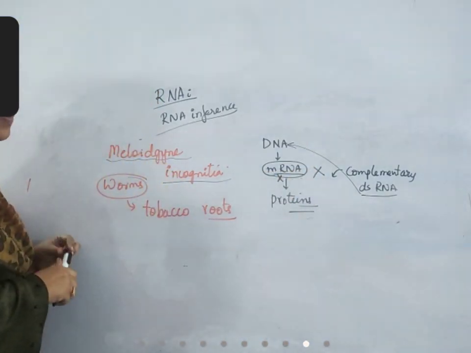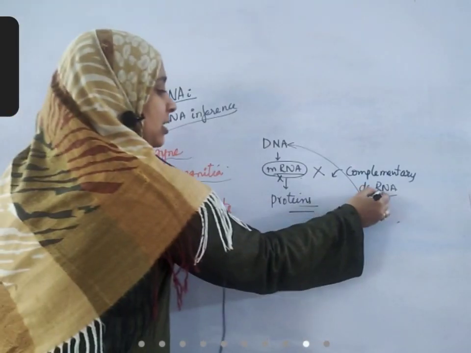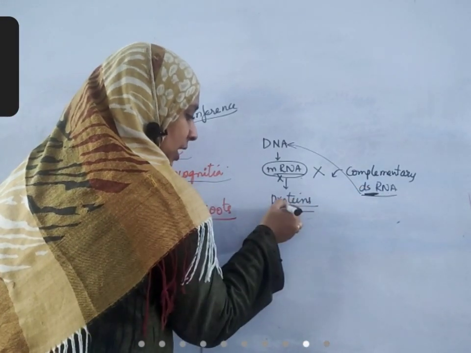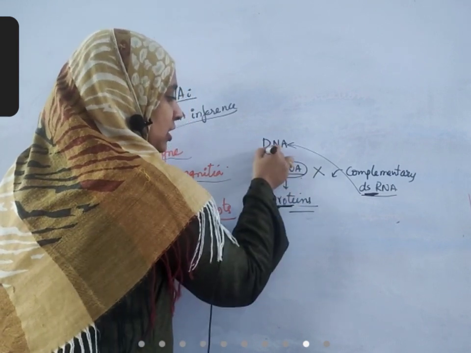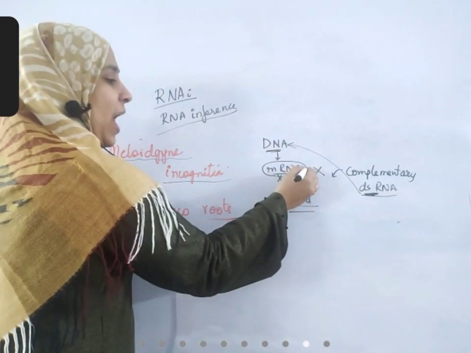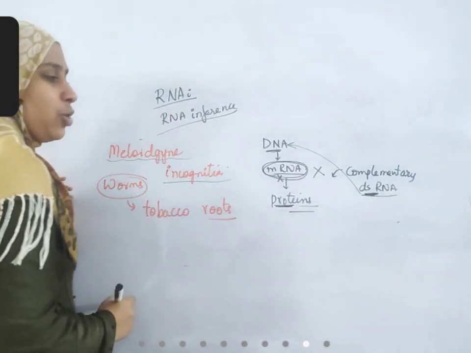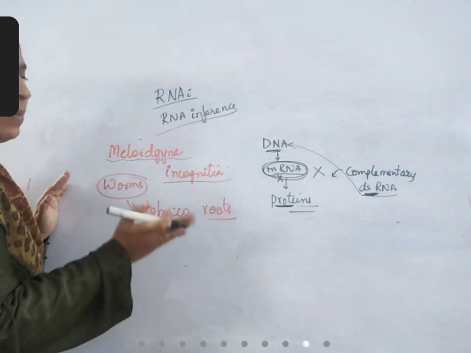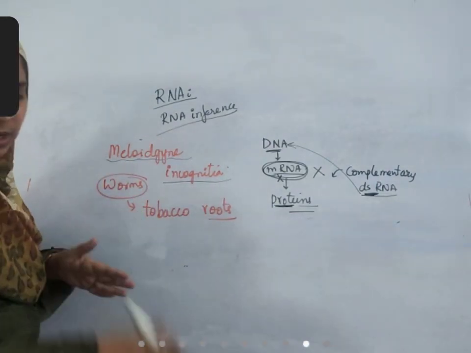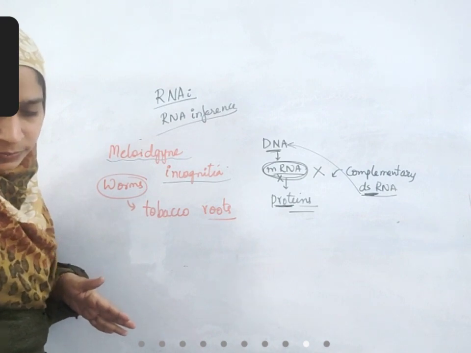And here what should be kept in mind is, this double-stranded RNA should be related to the genes of this protein. Okay, so it should have a strand that is similar to mRNA, and the complementary one should be present.